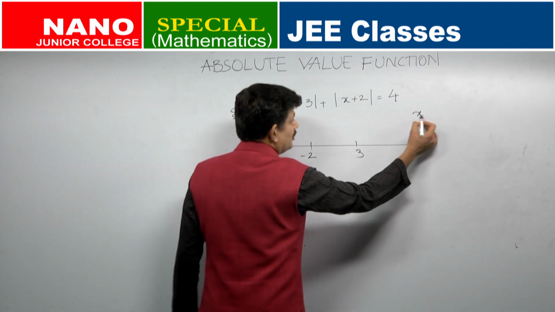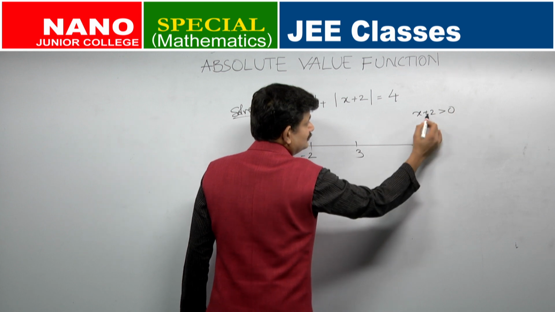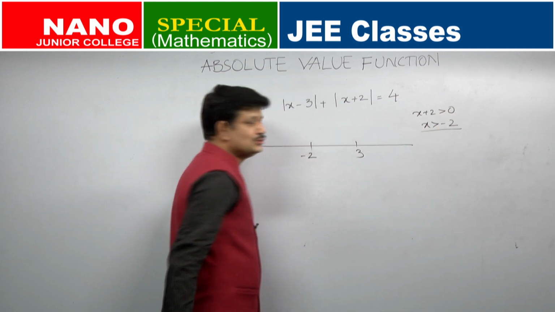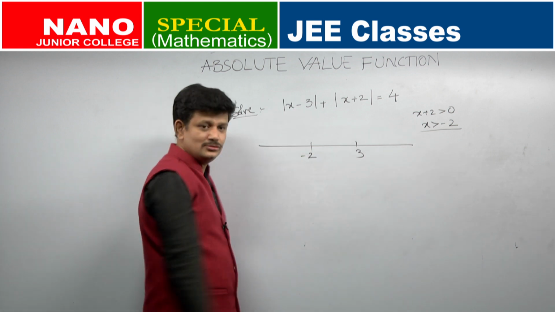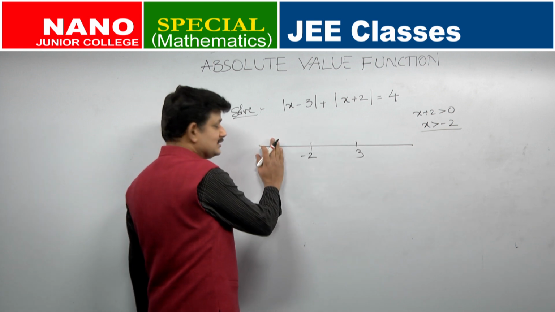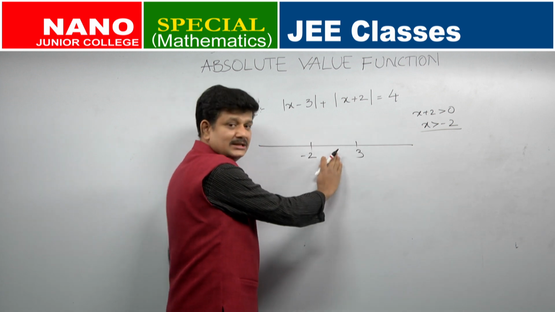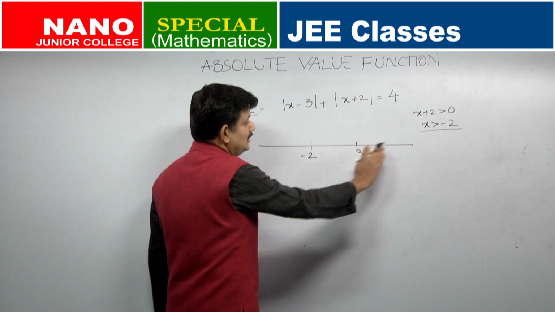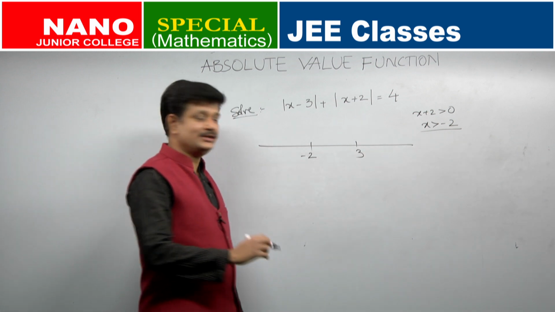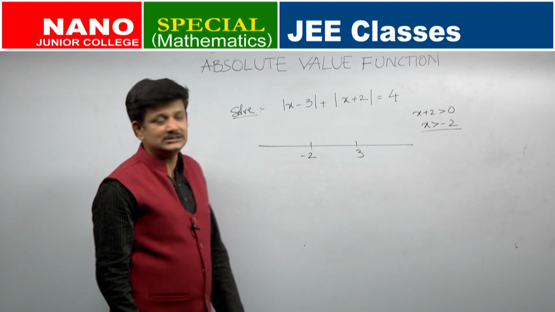For x plus 2 to be positive, throw minus 2 to the other side, x greater than minus 2. So, you have to cut the number line at minus 2 and at 3. So, you have 3 cases. First case is x less than minus 2, second case is x lying between minus 2 and 3, third case is x greater than 3. Equalities you will put always with the greater than symbols.